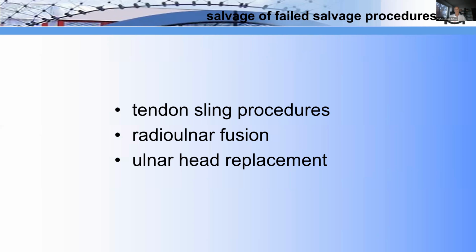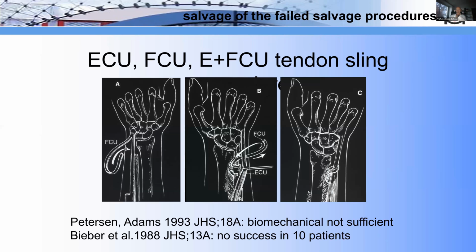We have tendon sling procedures to stabilize the ulna. We can do a radio-ulnar fusion, a one-bone forearm, or we try to stabilize the situation with the ulnar head replacement. And let me run shortly through these 3 different options.